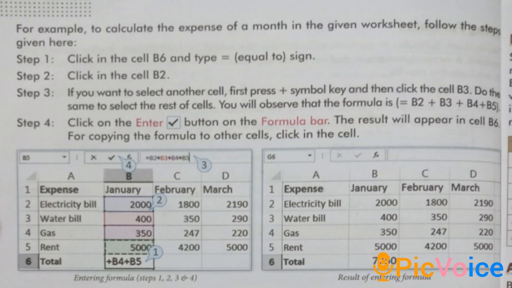If you want to select another cell, first press the plus symbol key and then click cell B3. Do the same to select the rest of the cells. You will observe that the formula is equal to B2 plus B3 plus B4 plus B5. Step 4. Click on the Enter button on the formula bar. The result will appear in cell B6. For copying the formula to other cells, click in the cell.